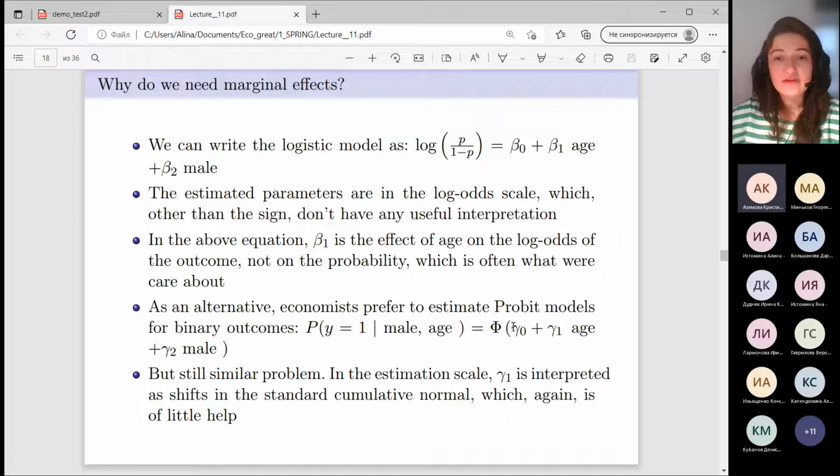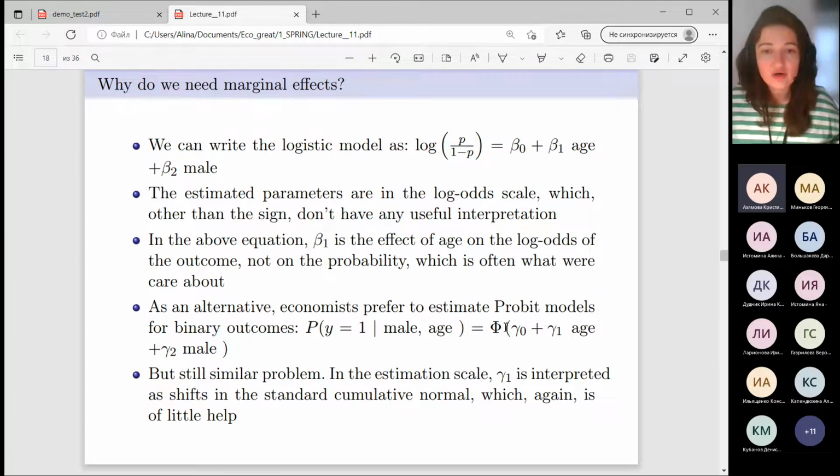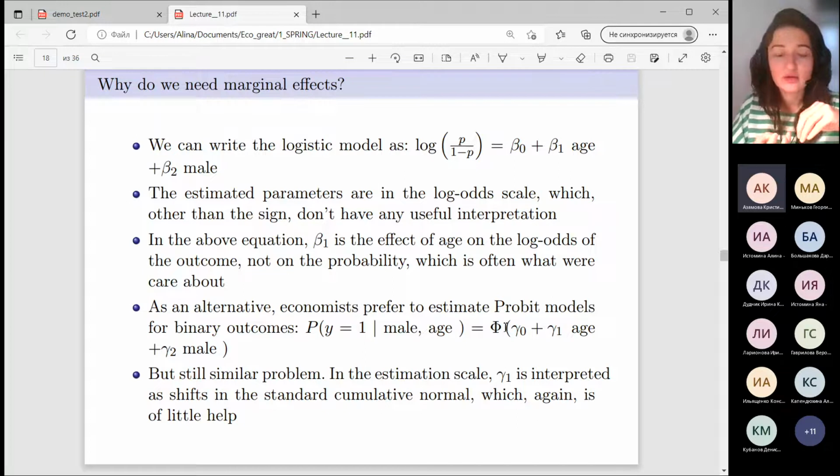But on the right side here, you see a very strange function, strange in terms of interpretation. The probit model is related to the standard normal probability distribution, and in the probit model, the rate of change in the probability is somewhat complicated. You can see it here.